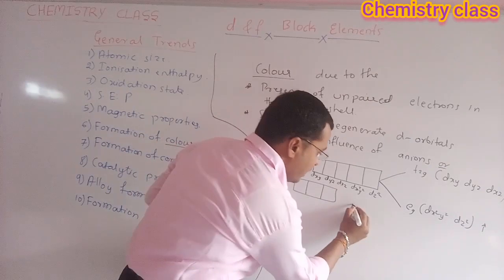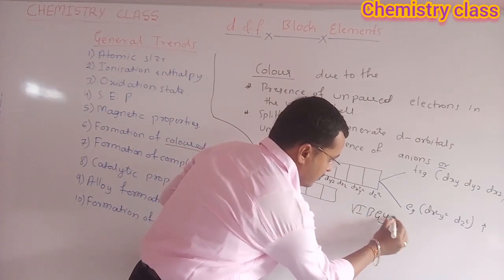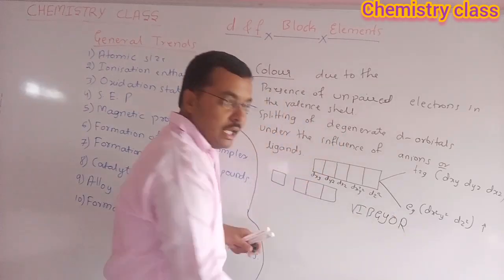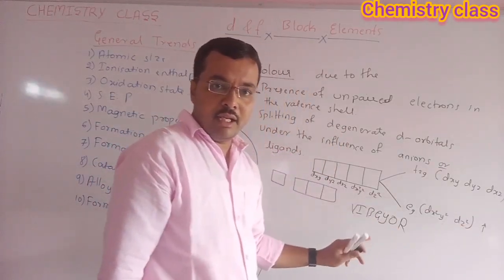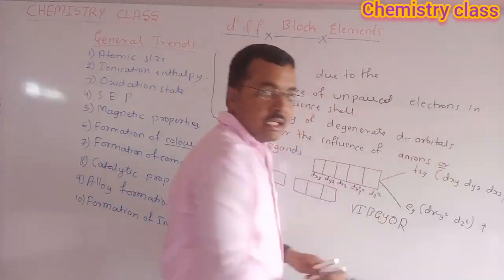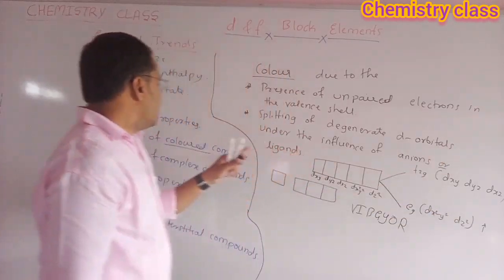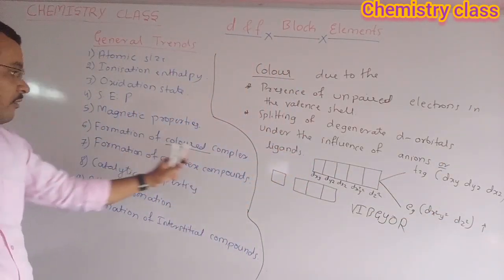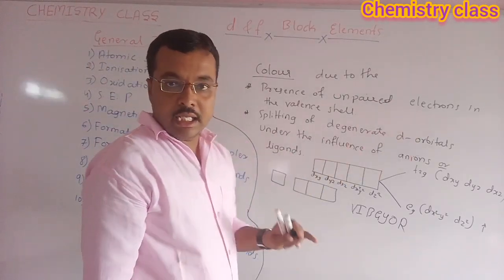Visible region means visible light. Among these, the electrons will absorb any one of these colors and they will exhibit a different color. Due to this reason, they will form the colored complex.